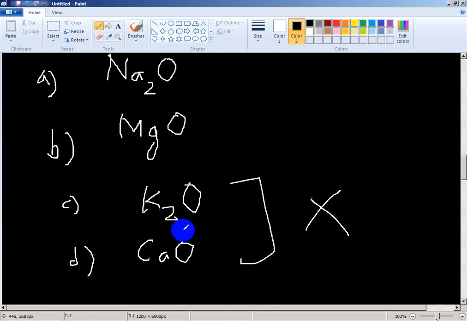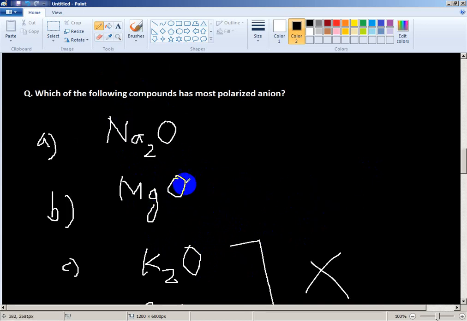Small size cations have more polarizing power, and the anion becomes more polarized. So sodium and magnesium have more polarizing power and polarize the oxide anion more.